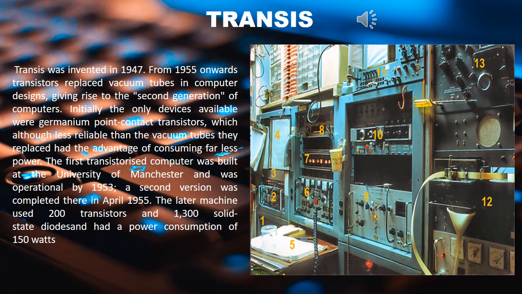The first transistorized computer was built at the University of Manchester and was operational by 1953. A second version was completed there in April 1955. The later machine used 200 transistors and 1300 solid-state diodes and had a power consumption of 150 watts.